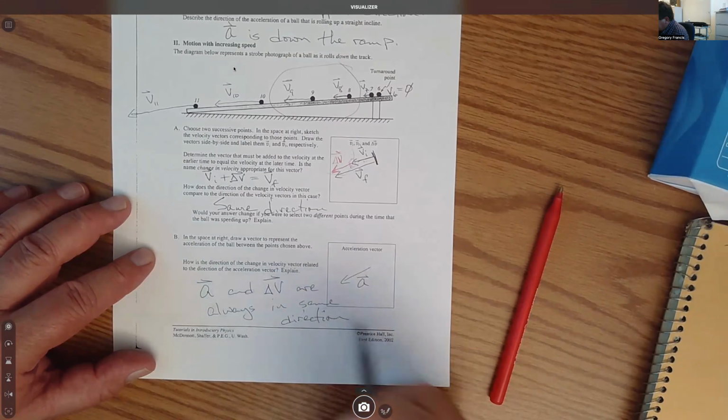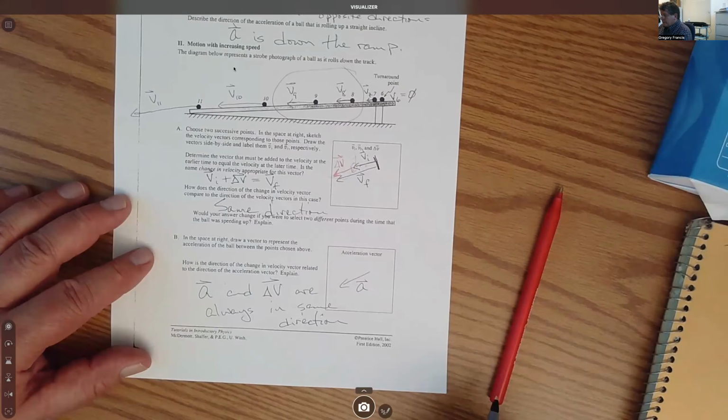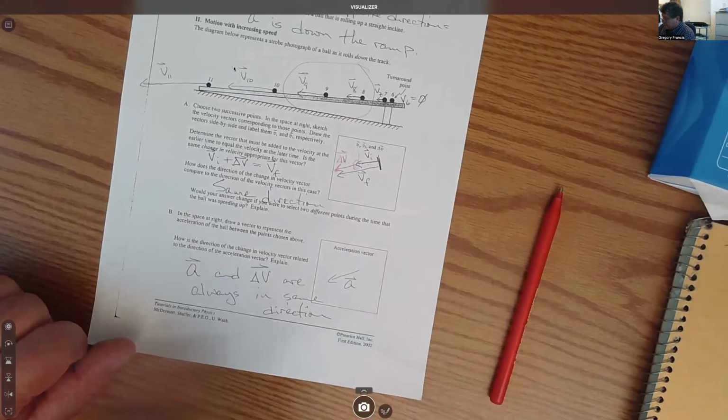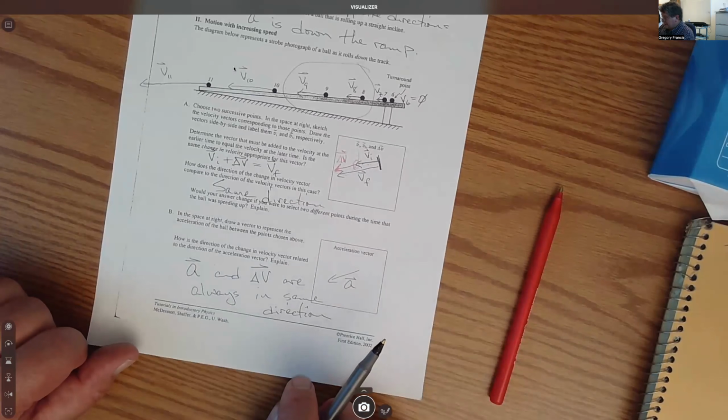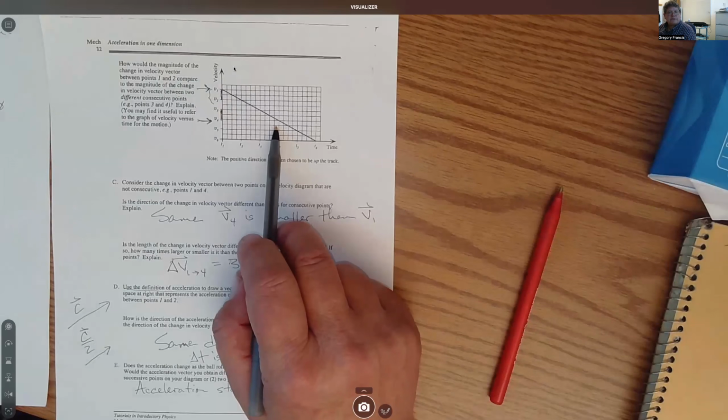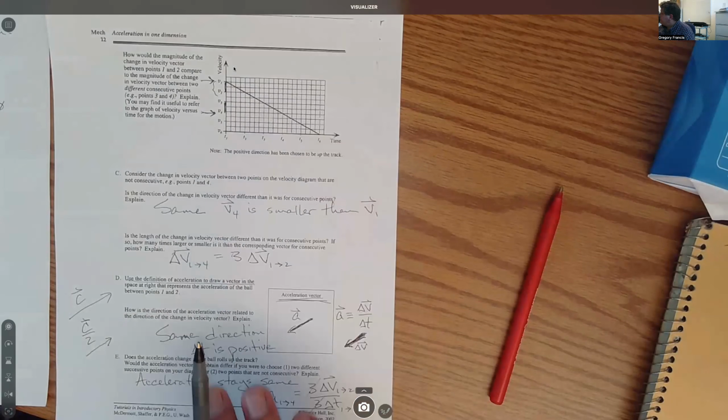So the acceleration is down the ramp when the ball's going up and down the ramp when the ball's going down. And if I believe this graph right here, it's the same size at all of those instances.